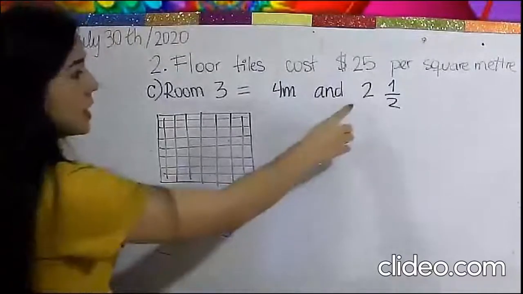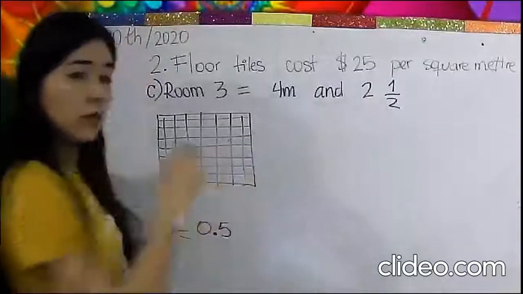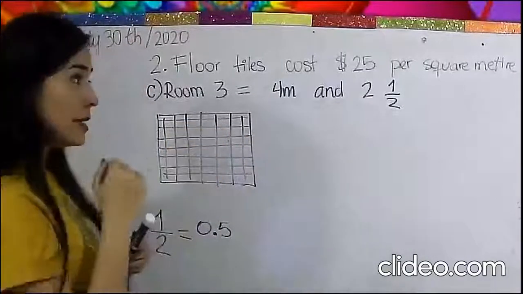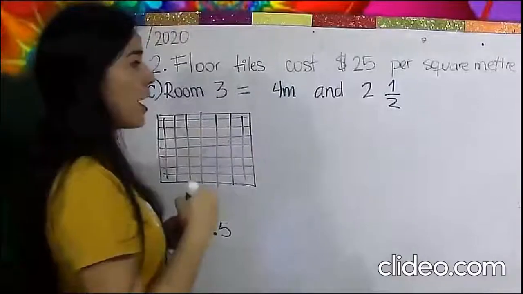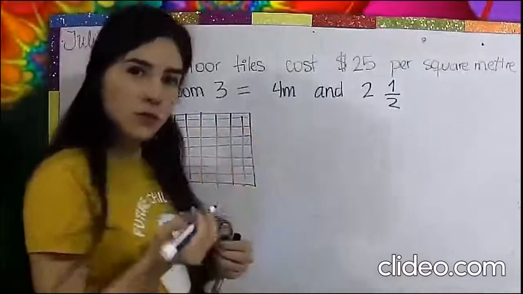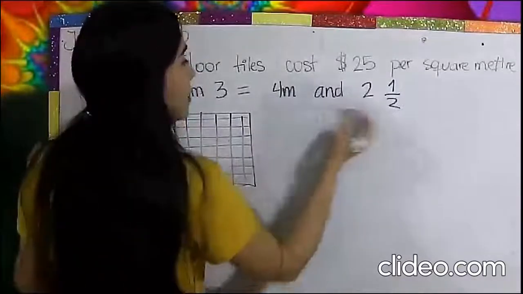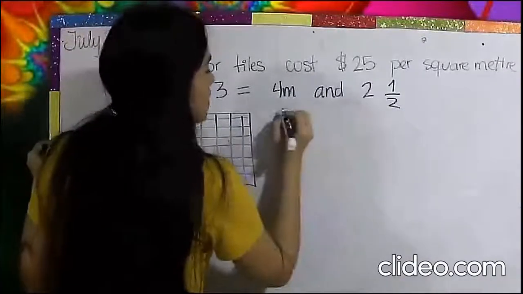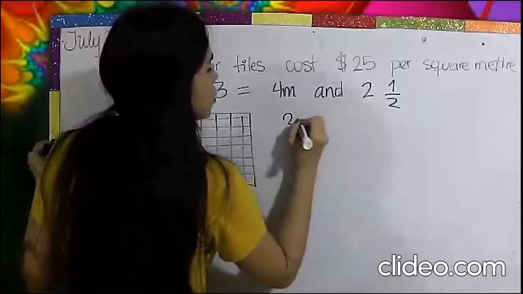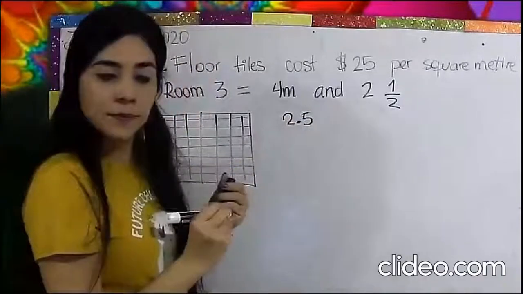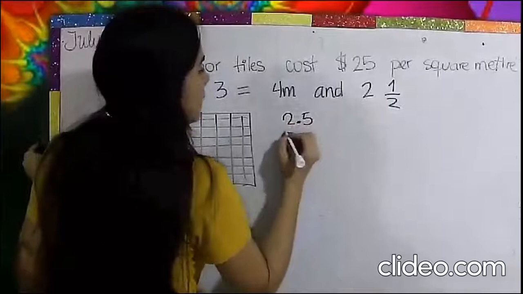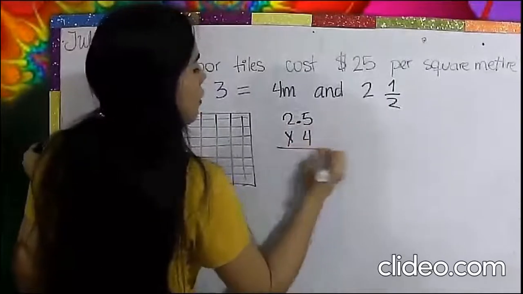Now, if I'm talking about 2.5, so what am I going to do? Multiply, okay? What are you going to multiply? 2.5 by 4.